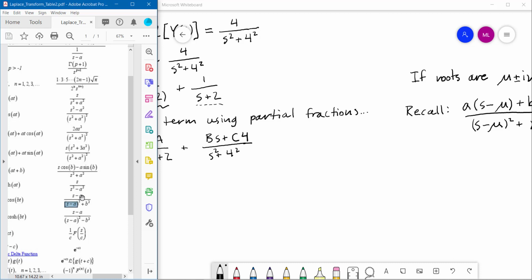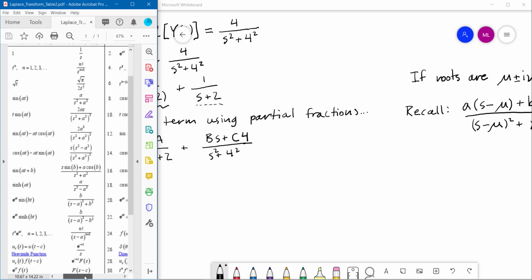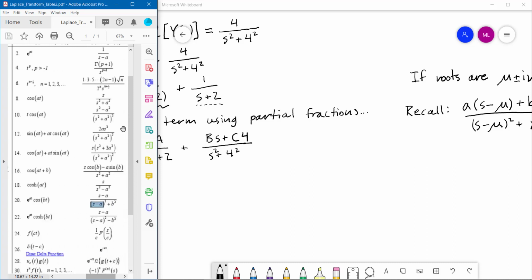It's going to be much more similar to simply this form up here, or better yet, the form up, where is it? Oh, there it is, all the way at the top. Our cosine term, this term right here. It looks like this, right? It's just an s in those two places. It's not s minus anything.